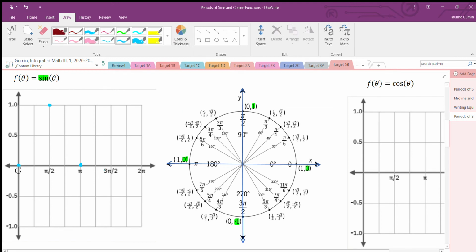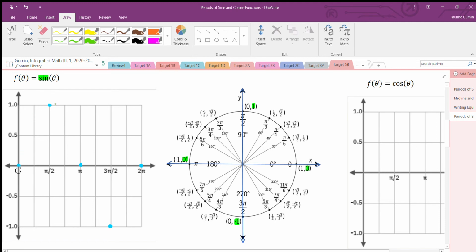I'm using blue, aren't I? That's fine. Blue, green. We'll change up the colors. Okay. And finish this up with 2 pi. Well, 2 pi is the same thing as 0. Well, we're at 0 at 2 pi. There we go.